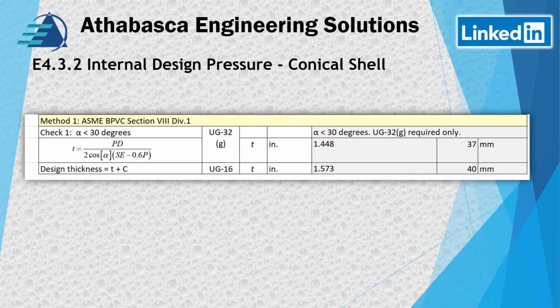We put in the cos angle, and it's very similar to the conical one except for the cos and the alpha, and we get 1.448 inches, and we take the corrosion allowance and we get 1.573. In this particular example, we're not using the closest nominal, but you certainly can. And we will continue on the next slide.